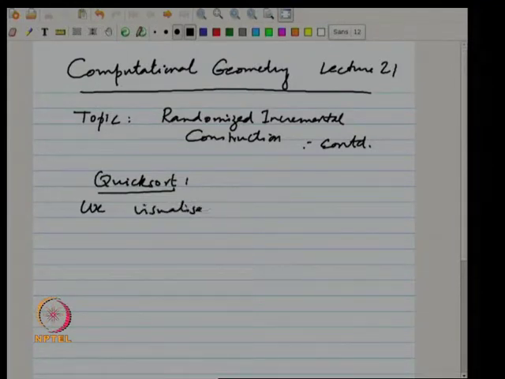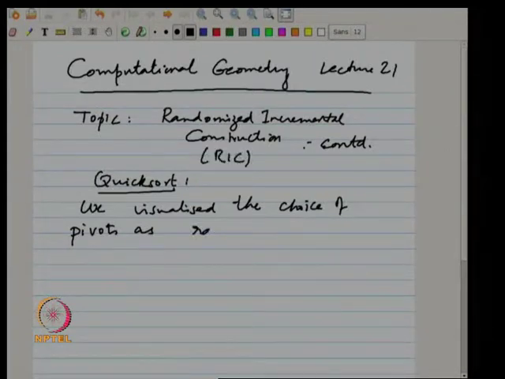We visualized the choice of pivots as randomized incremental construction, or RIC in short.